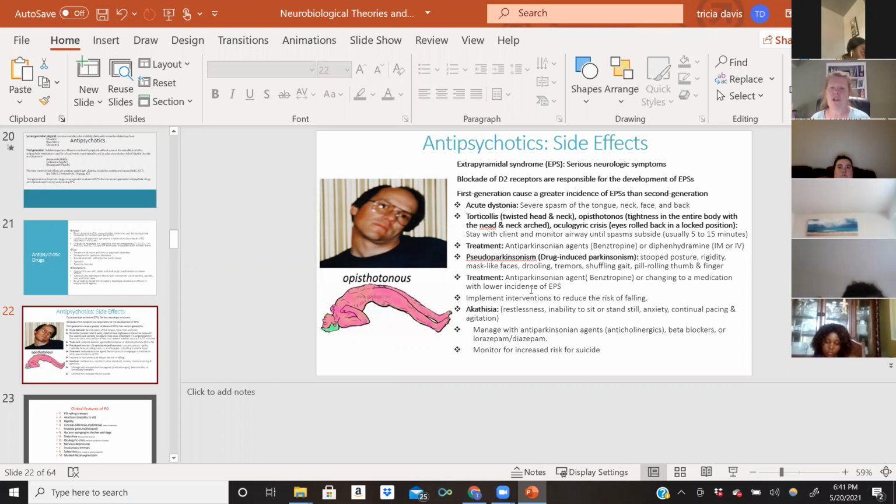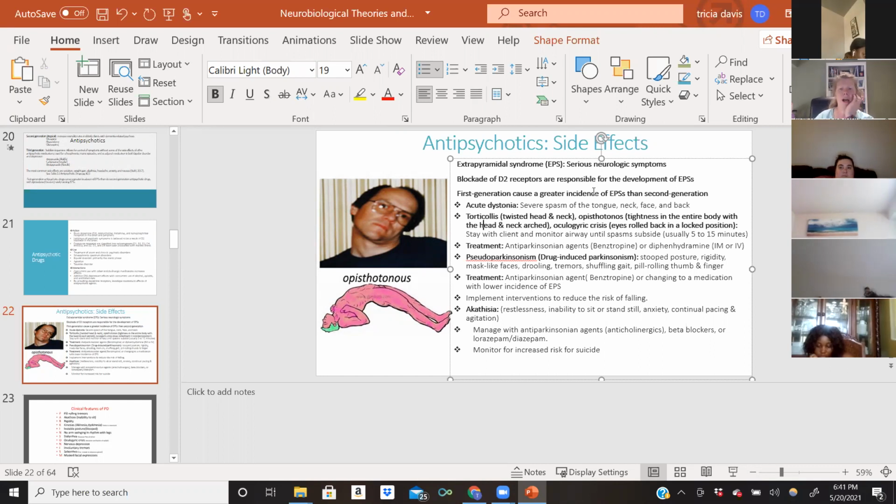So you can see acute dystonia, which is a severe spasm of the tongue, the neck, the face, and the back. You can have torticollis, where you get a twisted head and neck, which is what you see in the picture there. Opisthotonos is a tightness in the entire body where the head and the neck become arched. Oculogyric crisis is where your eyes will roll back in your head and get into a lock position.